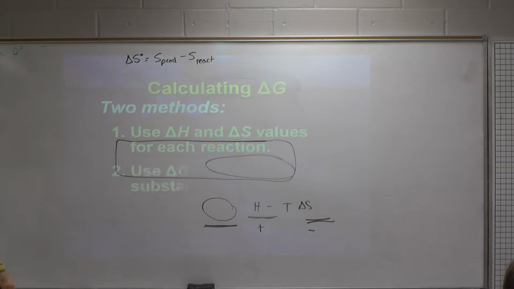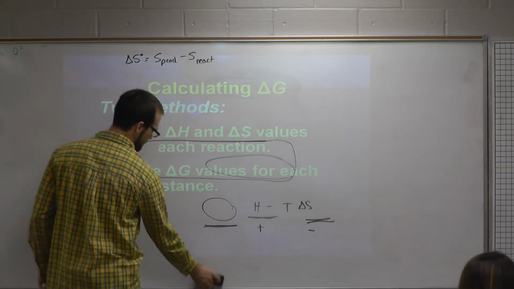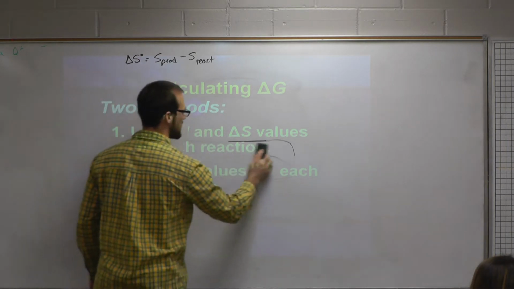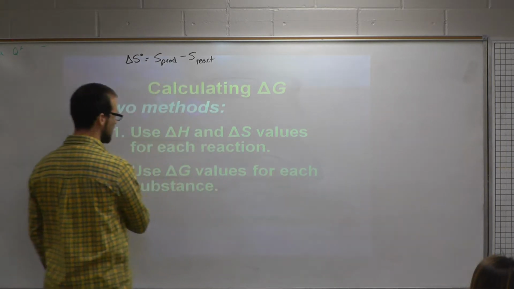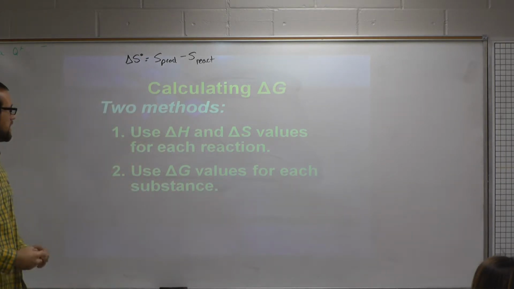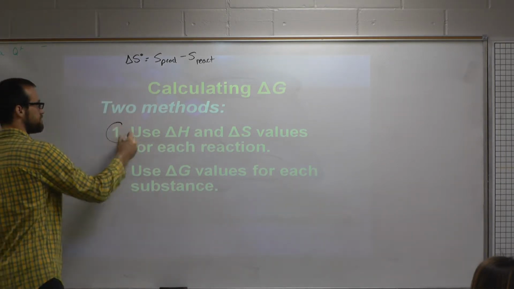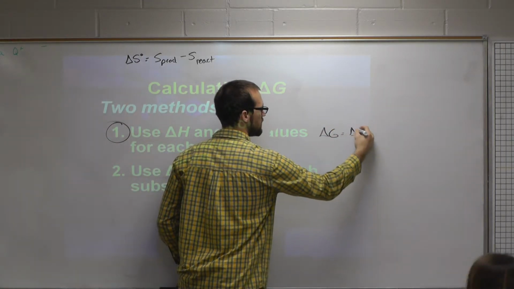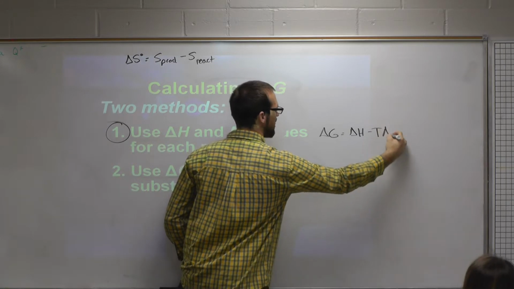So there are two ways to do it. One's easy, one's hard. We're going to do the hard one. Because the hard one requires us to do some of the other things we needed for this chapter. Okay? Here's the hard method, using this equation. Why do you think this is hard?